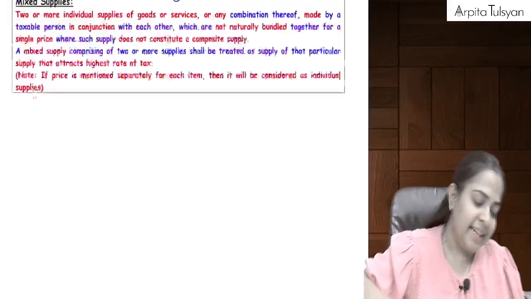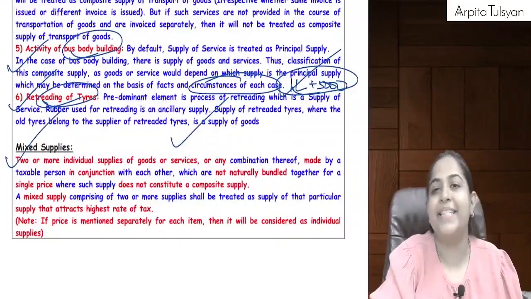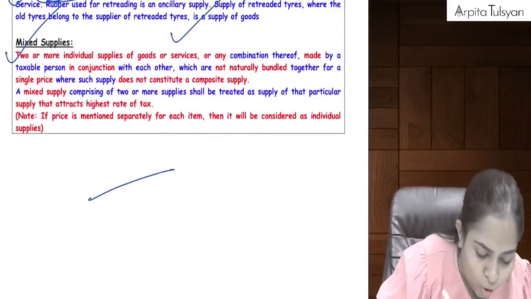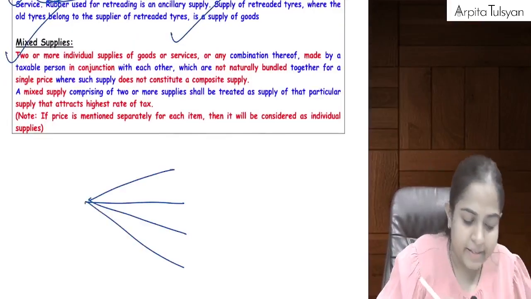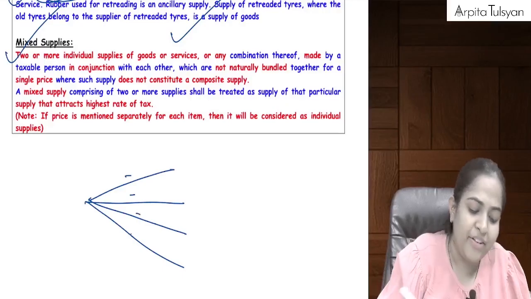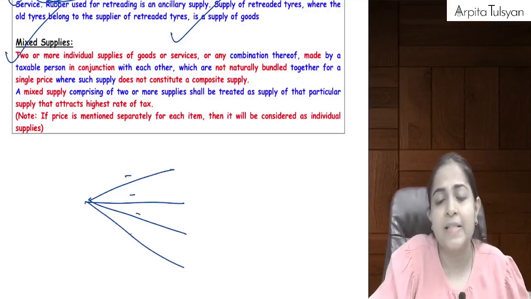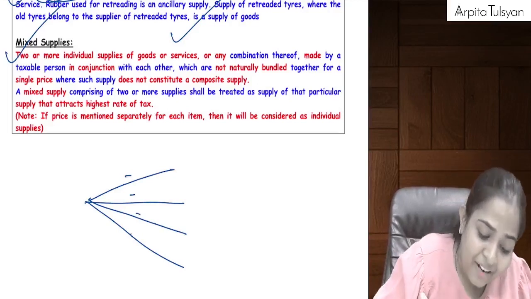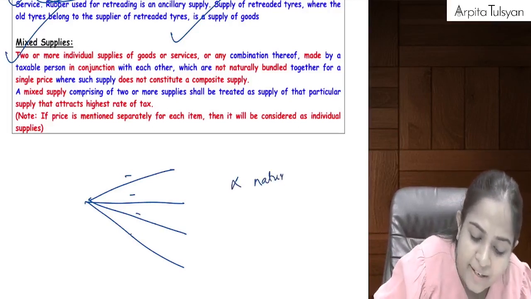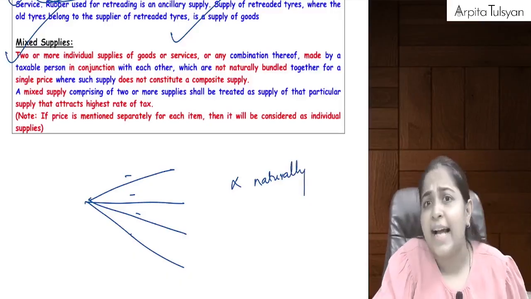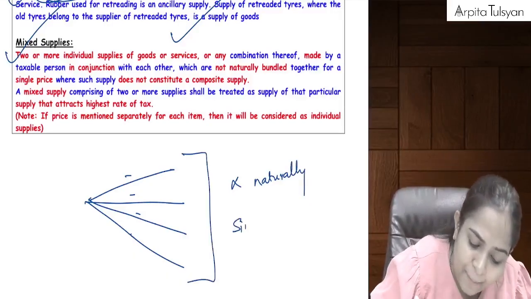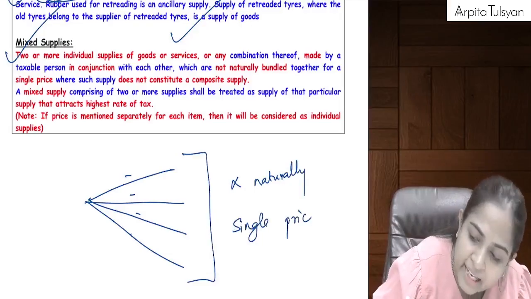And then the last concept is of mixed supply. Mixed supply means what? When two or more individual supplies of goods or services are done together, and they are not naturally bundled together, but for that a single price has been charged in the invoice.